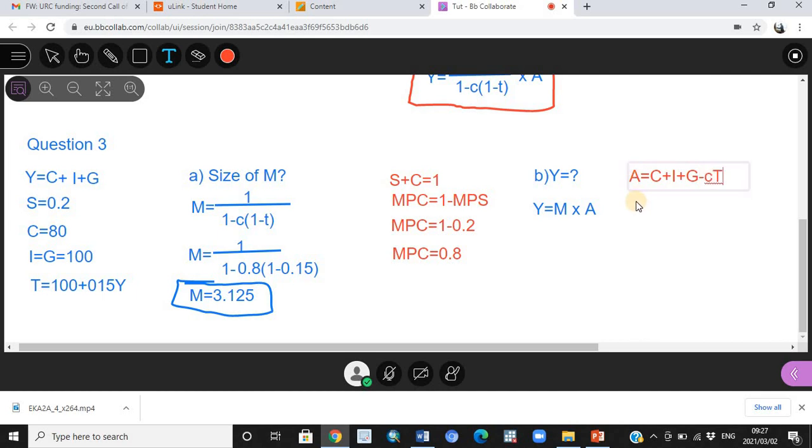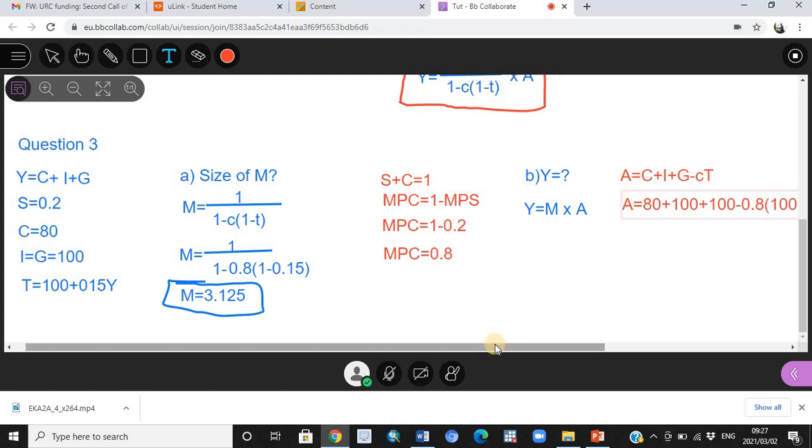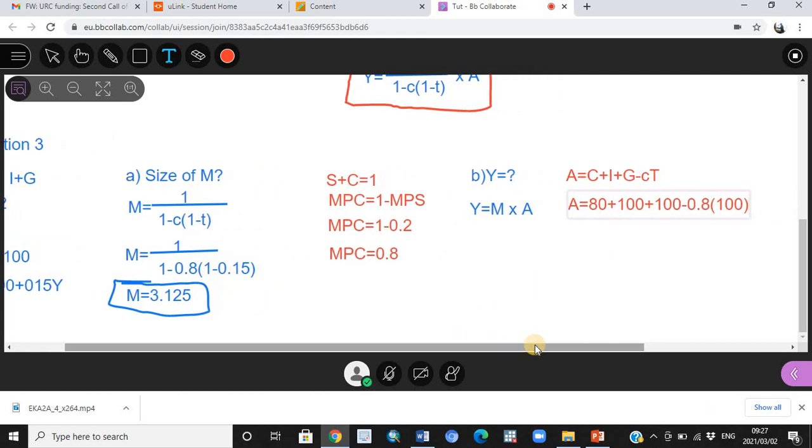Okay, so this is going to be equal to 80 plus 100 plus 100 minus 0.8 multiplying 100.